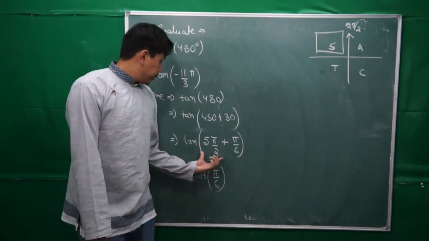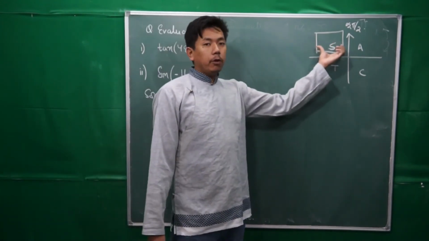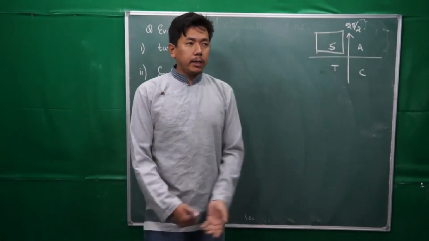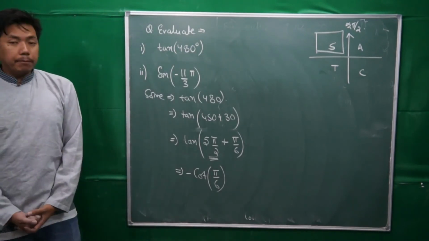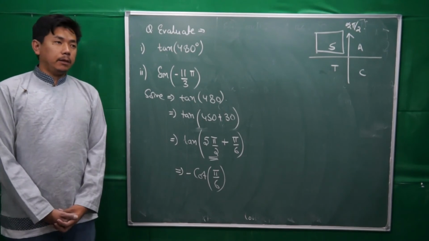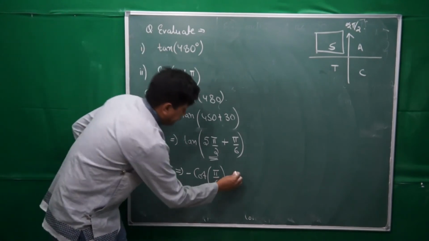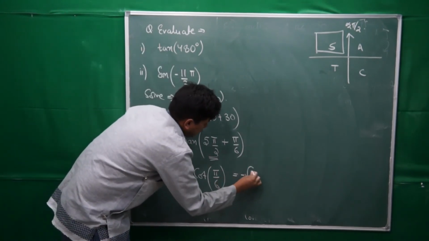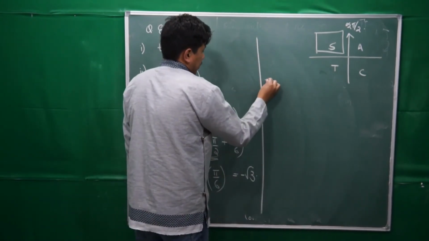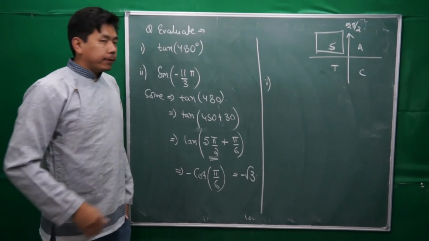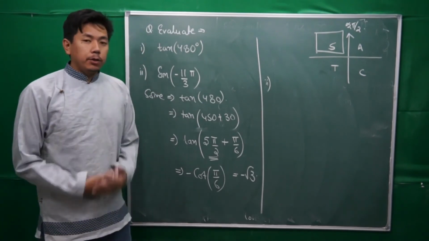Because it is lying in the second quadrant where only sine and cosec are positive. Similarly, we have got pi by 6. Clear? Minus root 3. So the answer for the first question was minus root 3.